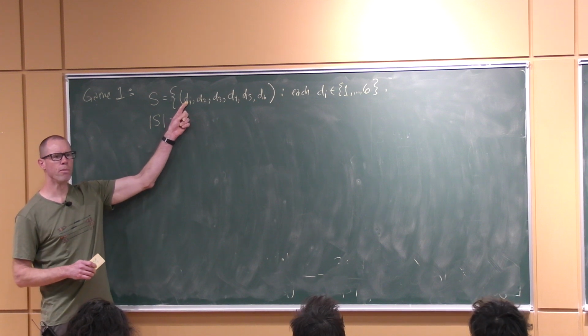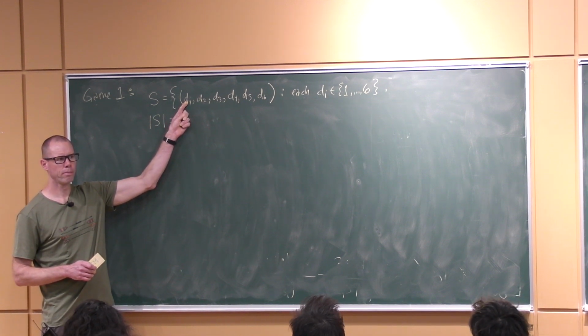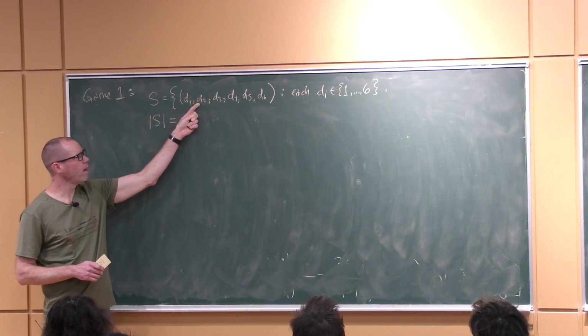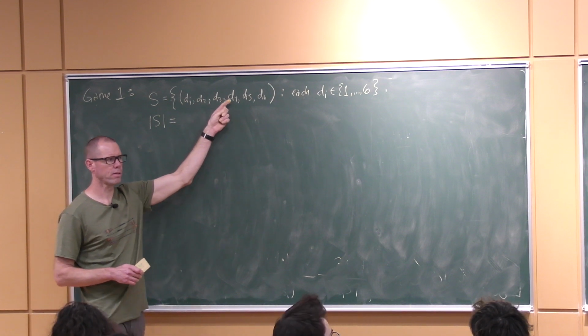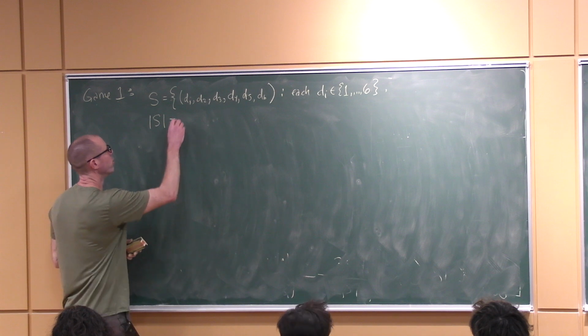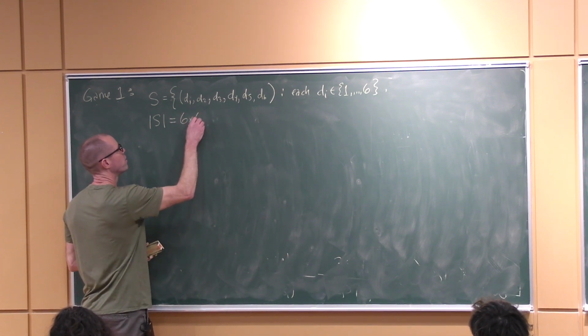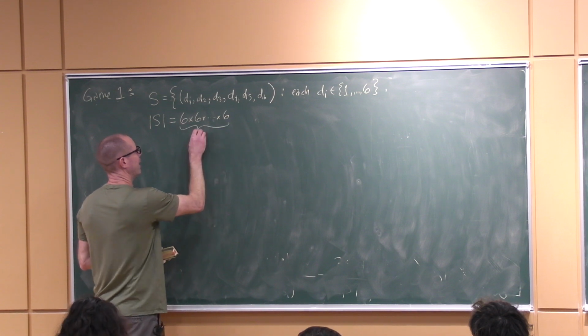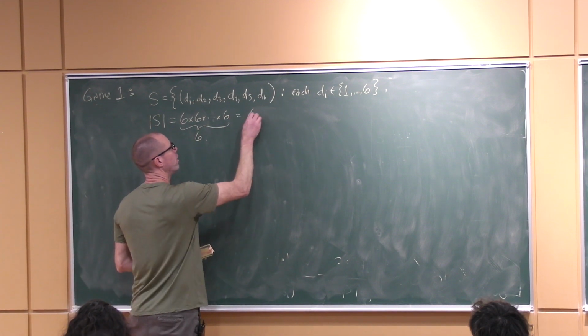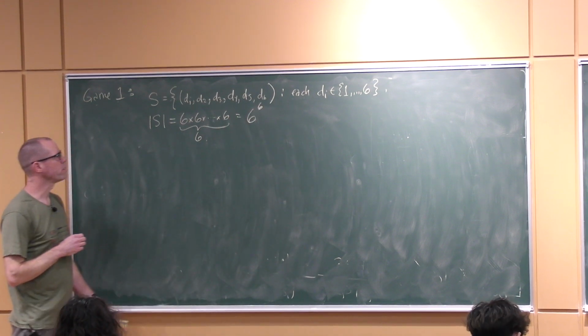How many choices for D1? 6. How many choices for D2? 6, 6, 6, 6. So by the product rule, the size of S is 6 times 6 times 6, 6 times, which is 6 to the power 6.